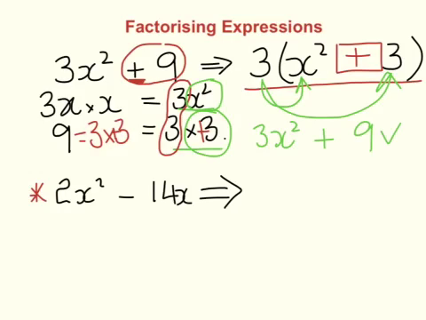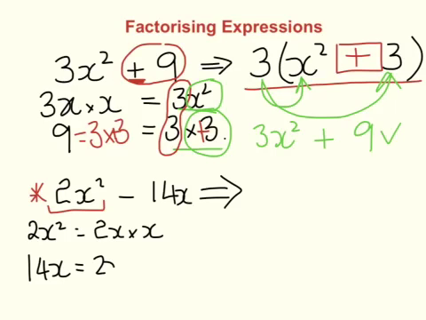What we can do here is, let's look at our first term, 2x squared. 2x squared equals 2x times x. 14x equals 2x times 7. Our common factor is 2x.